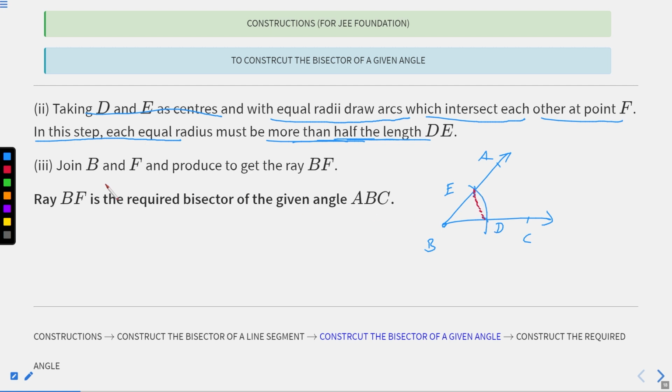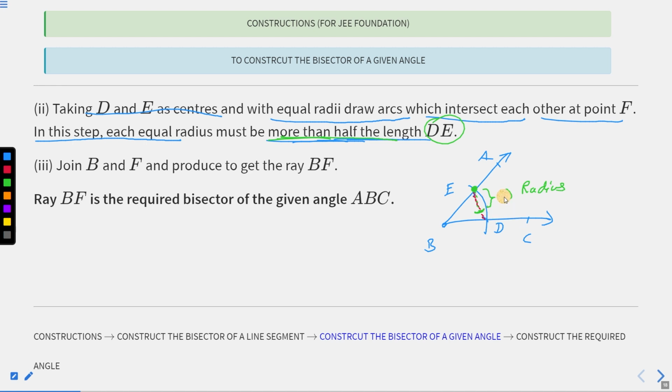Joining E and D, put the compass with E as center and take a length more than half of the length DE. So this is our DE or ED length, and taking suppose this much radius R, make an arc.